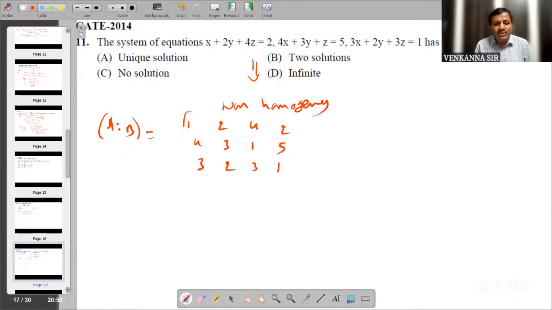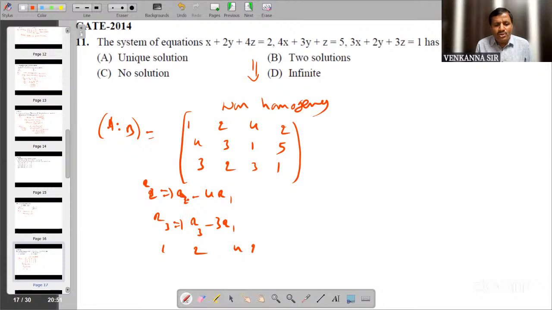With the same approach, all elements below the principal diagonal should be zeros. For that, the operations are R2 becomes R2 minus 4R1, R3 becomes R3 minus 3R1, so that these two elements are zeros.